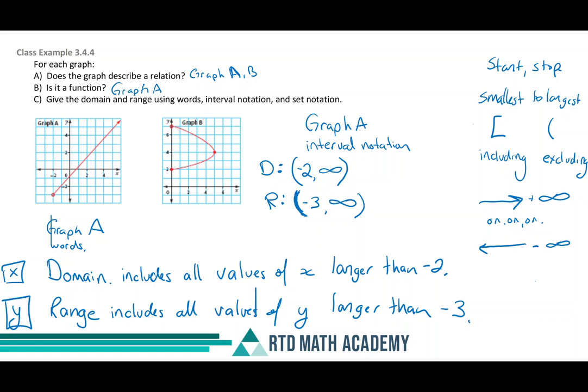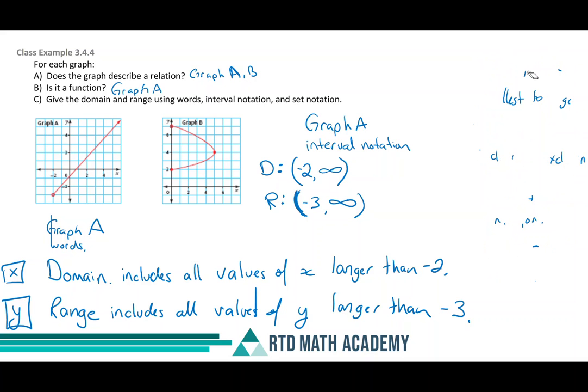Okay. Now, if we were to do set notation, for some reason, it is a little bit more complicated. We still start with our domain and range. We're going to go back to those squiggly lines like we've done in previous questions where we've got a list, okay?